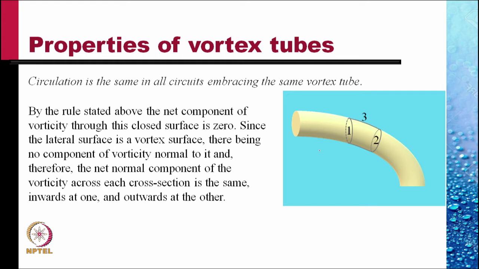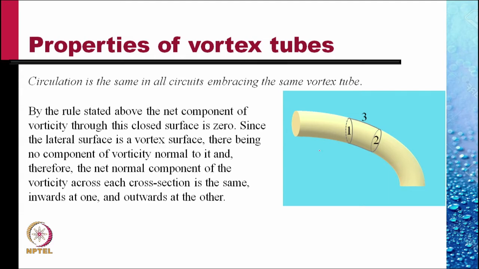The enclosing surface of this volume is broken up into 3 parts, 1 and 2 as the cross sections of the vortex tube, and third is the surface of the vortex tube itself. So surfaces 1, 2 and 3 enclose a part of the vortex tube.